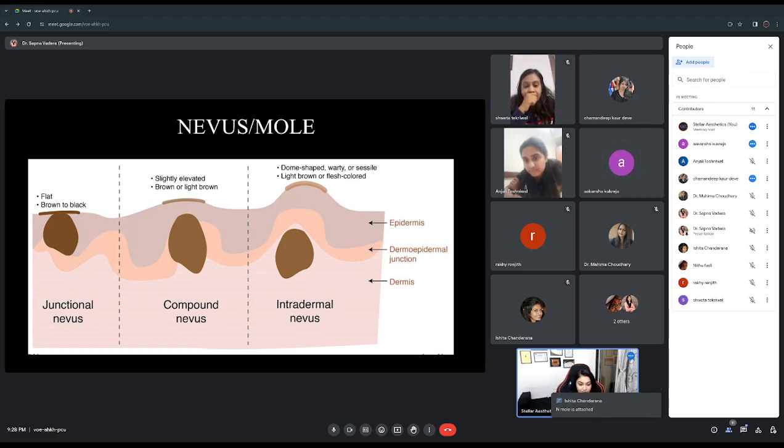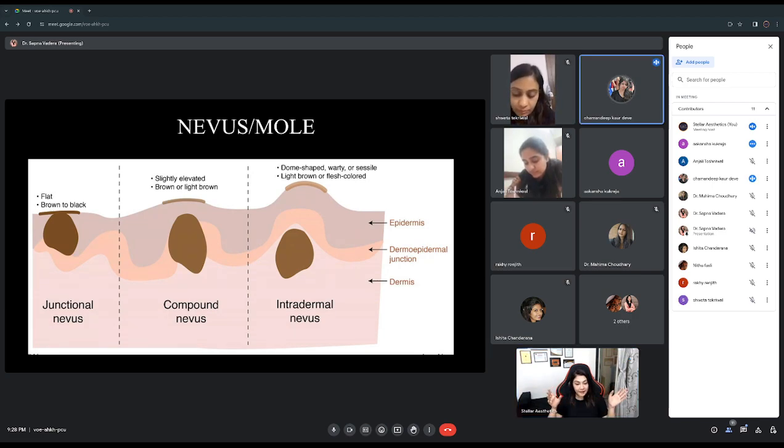Mole is attached. Okay. Anything else? Anyone? Have you all heard the term nevus and mole? Okay. Nevus is the medical term, mole is the layman term. Both are the same. So don't get confused.